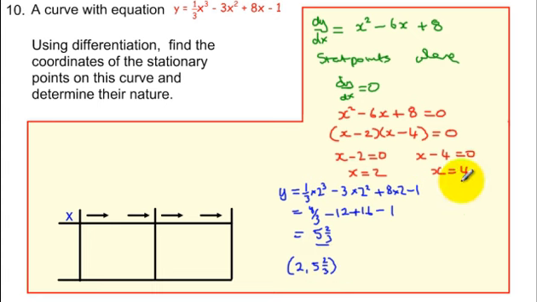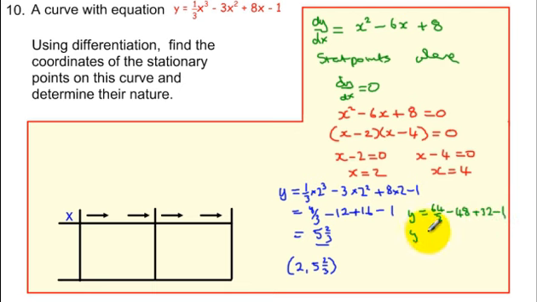We then have to fit x equals 4 into the original equation. So y is equal to 1/3 times 4 cubed, so that is 64 over 3, minus 3 times 4 squared, 4 squared is 16, minus 3 times 16 is minus 48, plus 8 times 4, which is plus 32, and a minus 1 at the end.